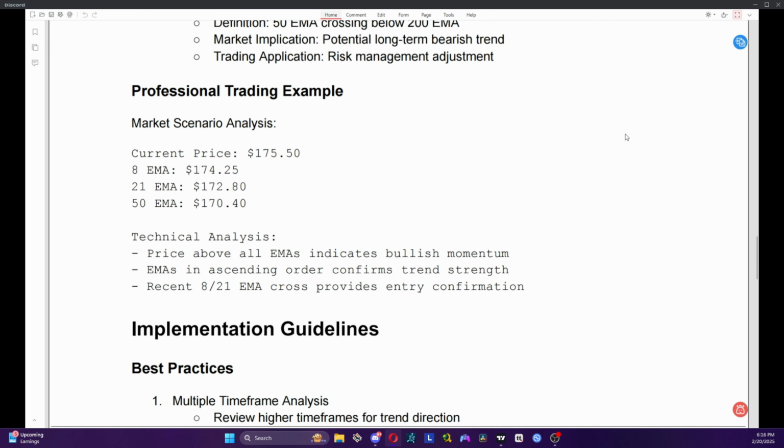So the 8, the 21, and the 50 are almost like stacked perfectly above each other, because when price breaks above a stacked group of EMAs, what's going to happen is the short term, the midterm, and the long term EMA are going to move price up and follow price action with it, which keeps you in the trade. So what happens is you'll have those 3 EMAs all moving simultaneously in the same direction. And of course, they'll start to spread out.